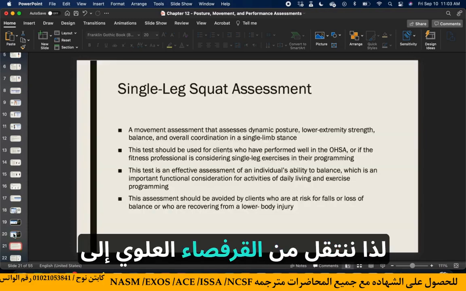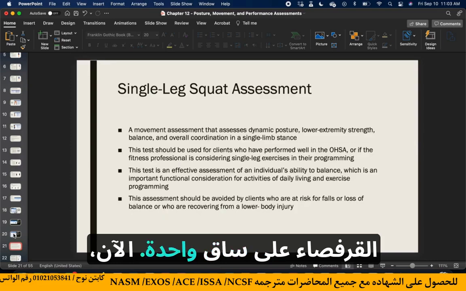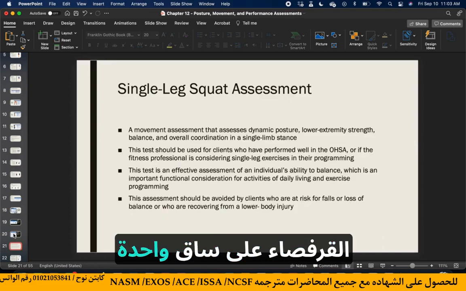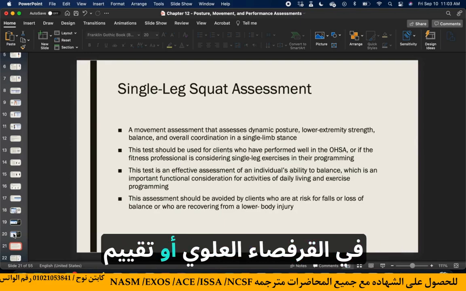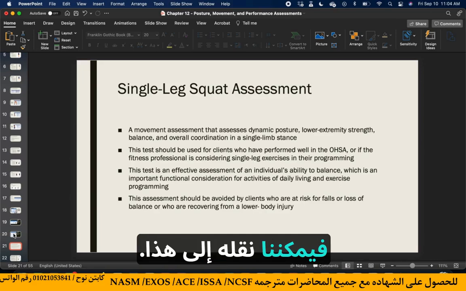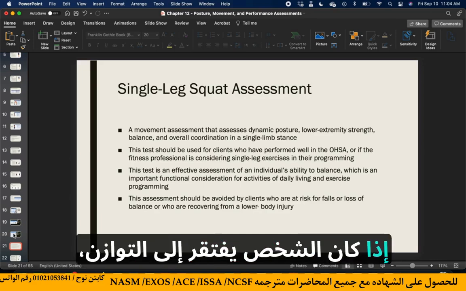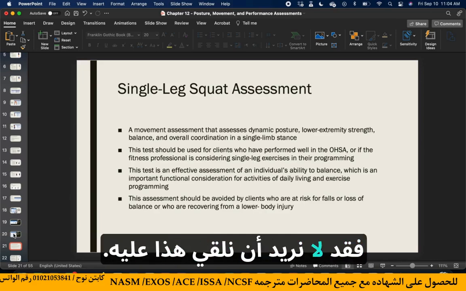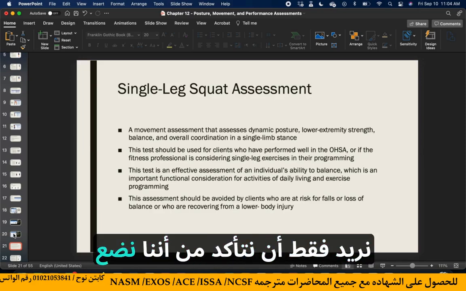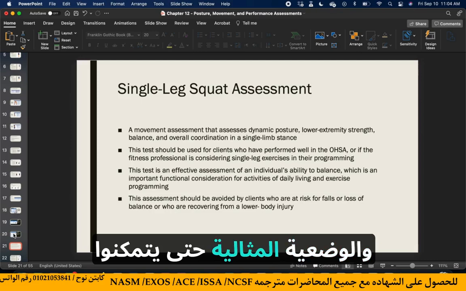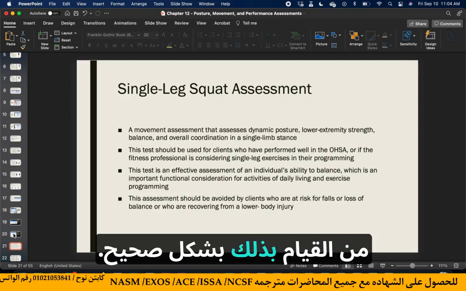So we move from the overhead squat to the single leg squat. Now the single leg squat is not for everybody. But if a person has scored well on the overhead squat assessment, then we can move them into this. But again, if a person lacks balance, we might not want to throw this at them. We want to make sure that we put these people in the prime positioning so they can do it correctly.